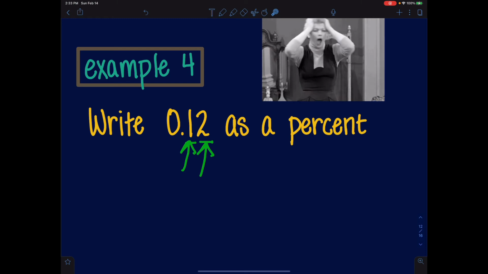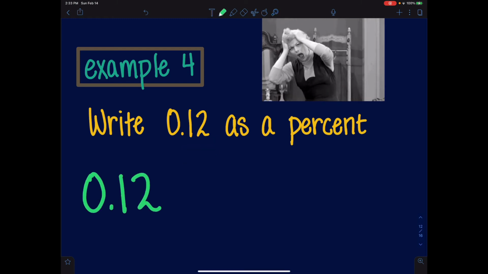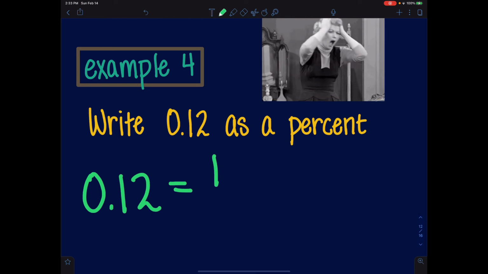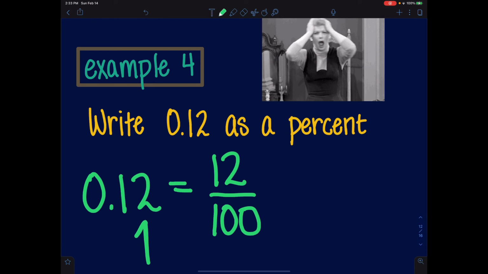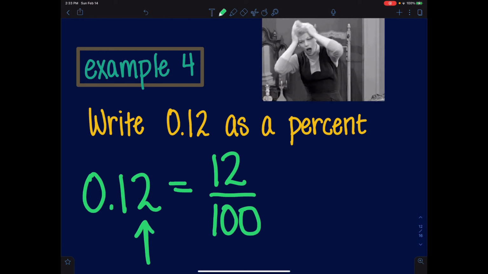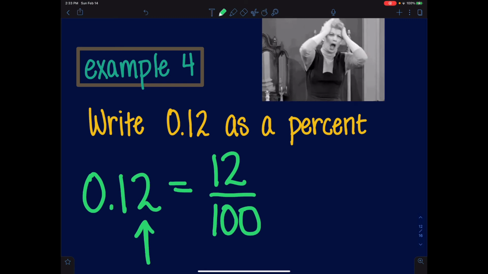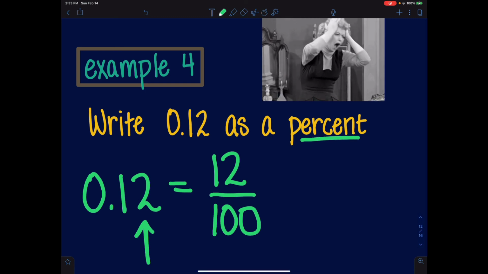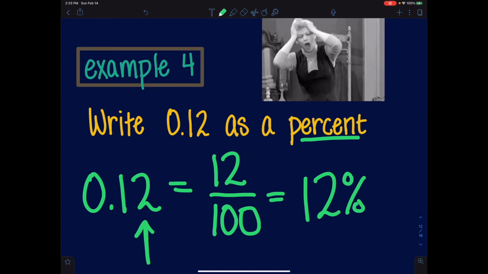So if you have 0.12, that's actually the same as 12 over 100, because this is in the hundredths place. So 12 over 100, now you've got it over 100, and it's easy peasy. You can find the percent. It's just 12%. Sweet, right?